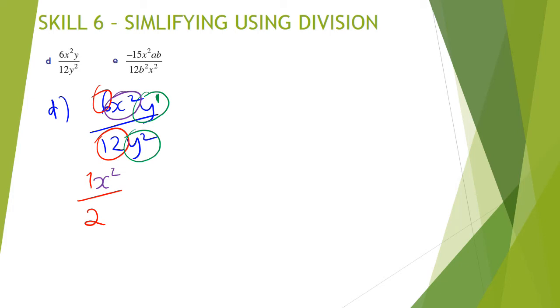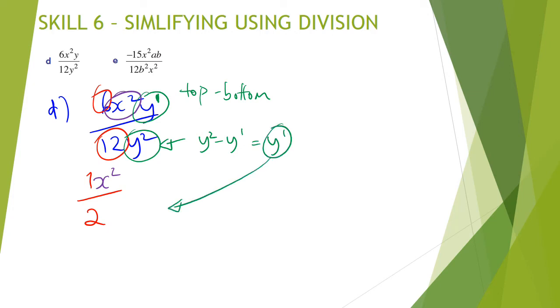Normally we would do the top power take the bottom. Because the bottom power is the bigger power, we're going to take 1 from the bottom power. So we're going to take y squared take y to the power of 1, which is going to leave us with y to the power of 1, and that's going to go on the bottom.